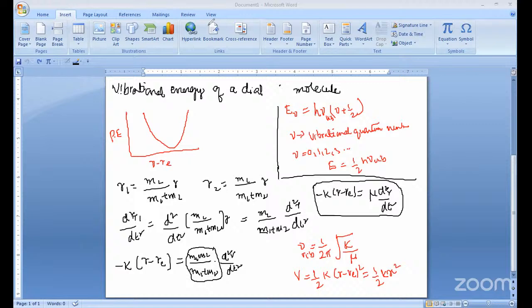We have written E = hν into (v + 1/2), and if you substitute all these values, we get the allowed energy levels.